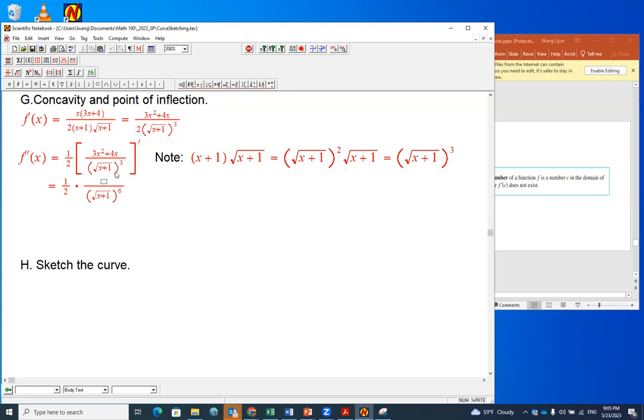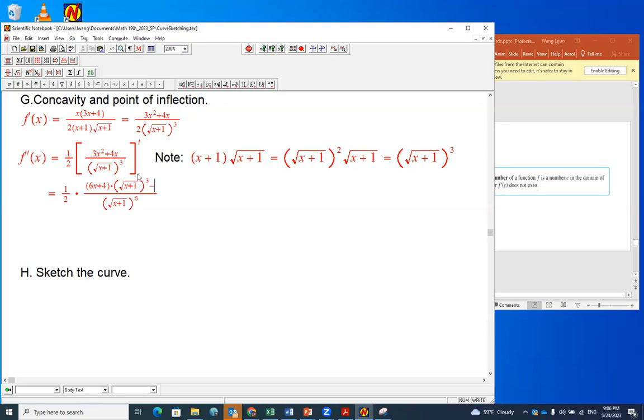All right. So I'm going to differentiate the top. 3x squared being differentiated as 6x plus 4. Multiply the denominator. Subtracting.